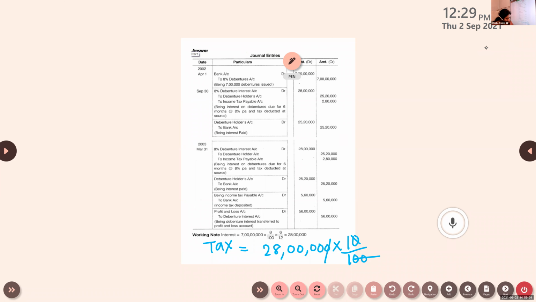Please read the section on writing off discount or loss on issue of debentures. Read the paragraph, understand the meaning and the journal entry.